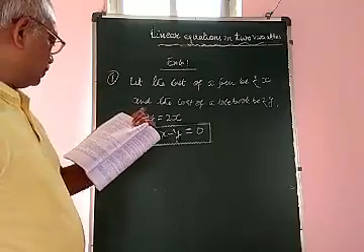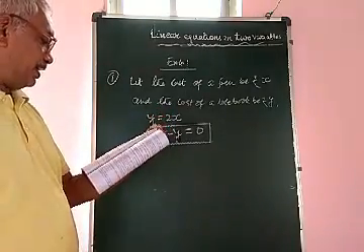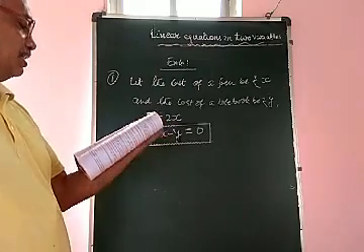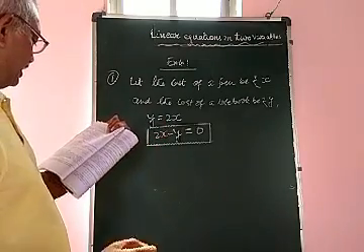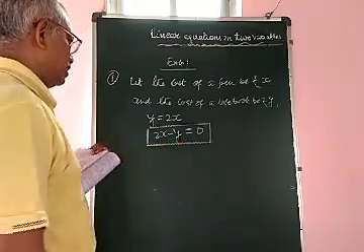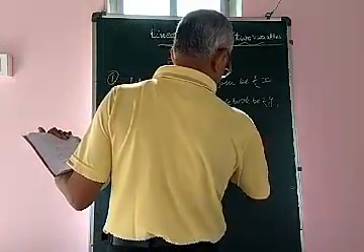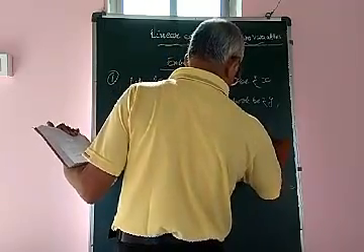Now question number 2. Express the following linear equations in the form ax plus by plus c is equal to 0 and indicate the values of a, b and c in each case. Means you have to represent the given equation in the form ax plus by plus c is equal to 0.